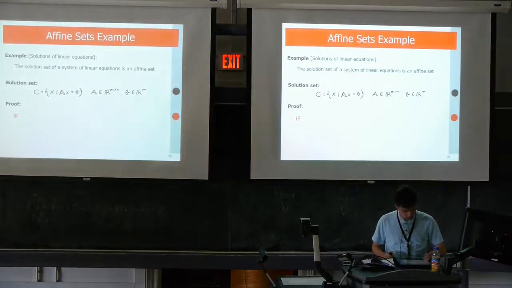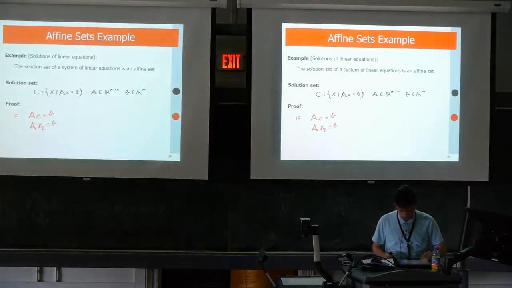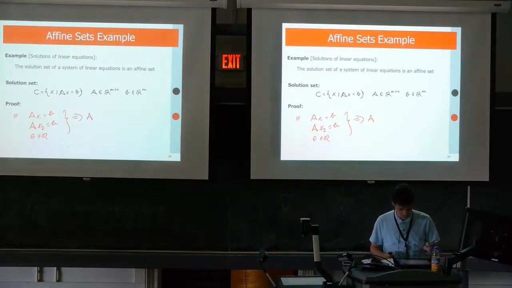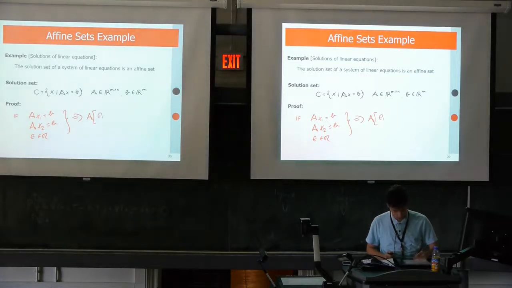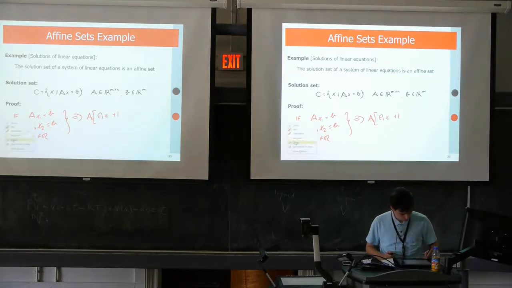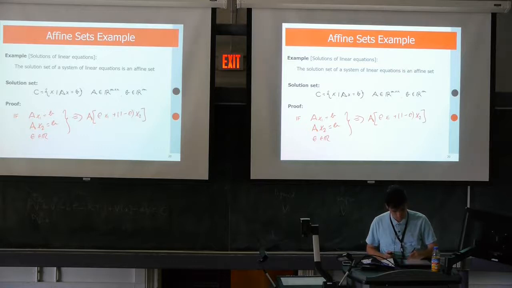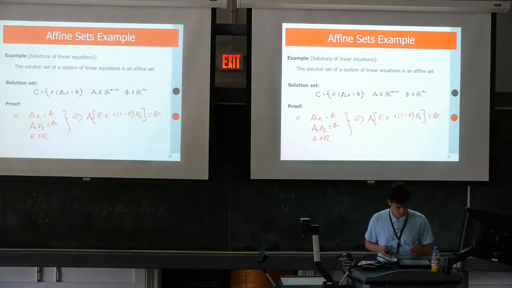That is, if A times x1 is b, A times x2 is b, and theta is a real number, then what we need to prove is that A times the affine combination, theta x1 plus (1 minus theta) x2, is b, right? Okay.